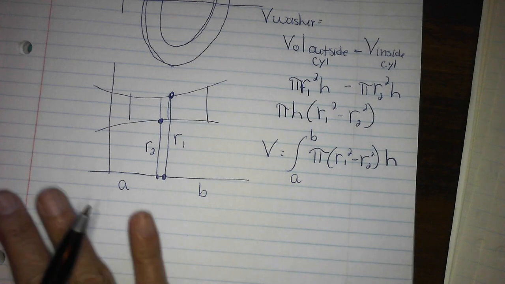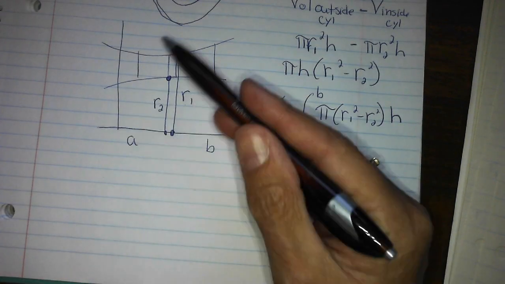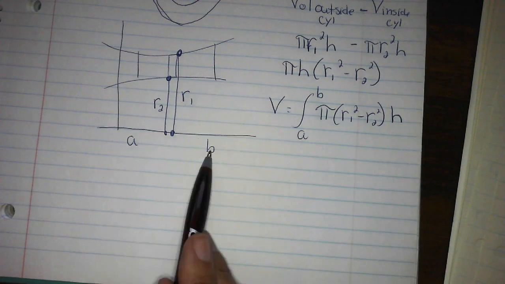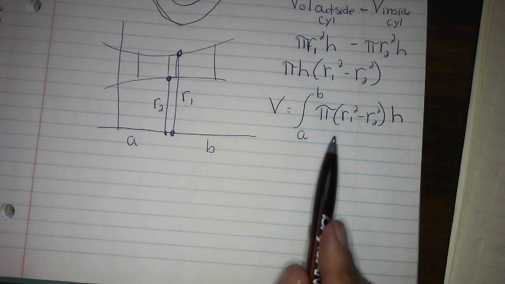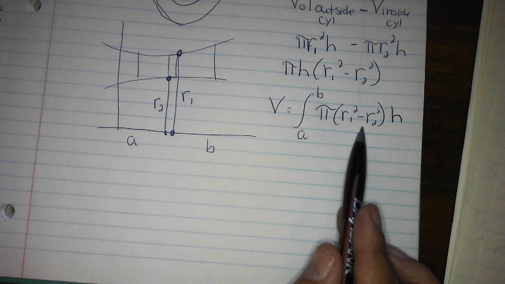So depending on which way that rectangle is, when we rotate around the x-axis, we have x boundaries, x is in our radius, so x is in the equations, dx on the end.